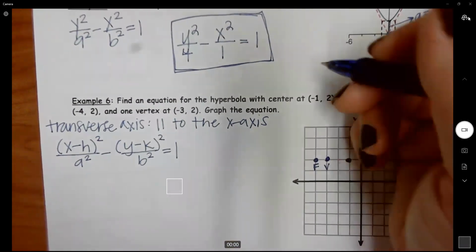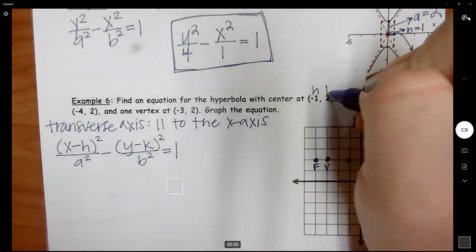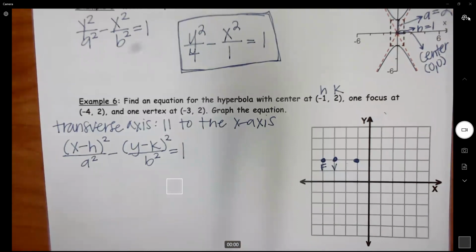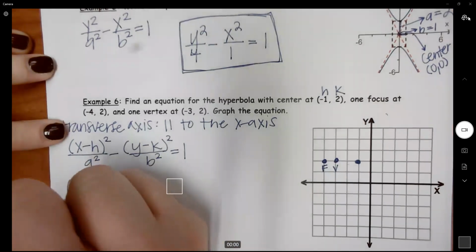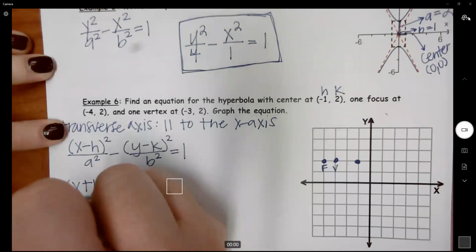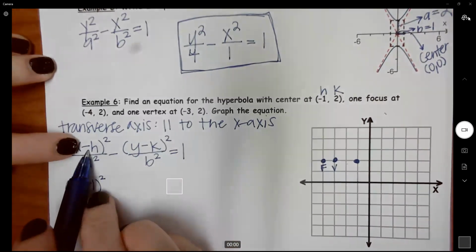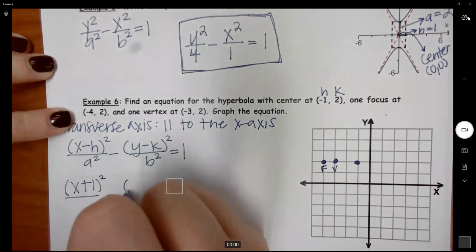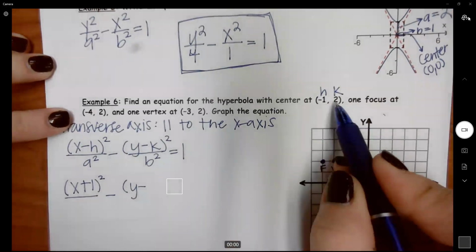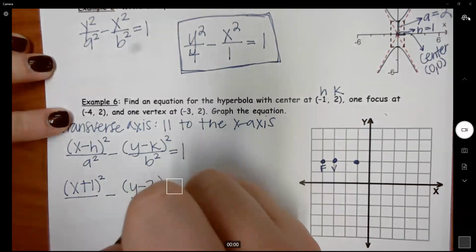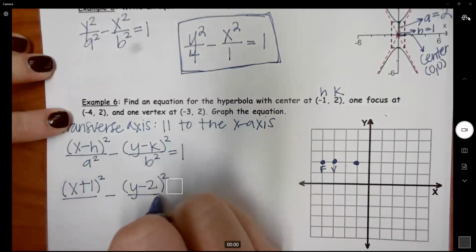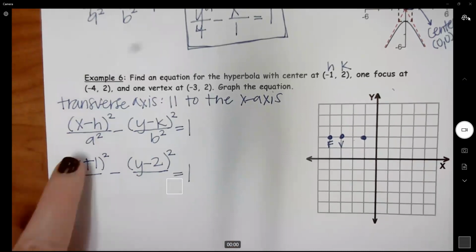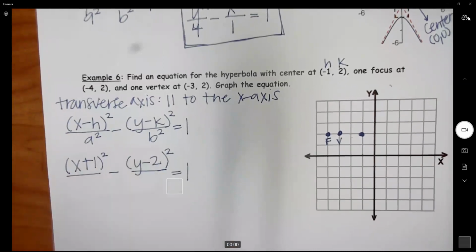Okay, so we know my h and my k. Here's h, here's k. I'm going to go ahead and put those in my formula here. That is (x plus 1) squared, right, minus a negative 1. And then we will have (y minus 2), where k is 2. Okay, so what I am lacking here is my a and my b.